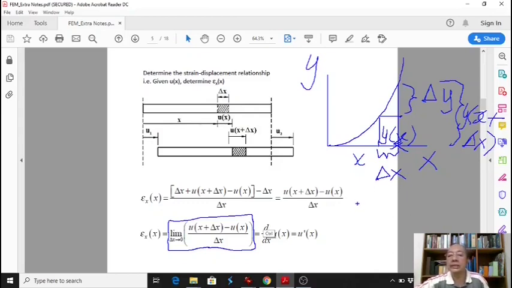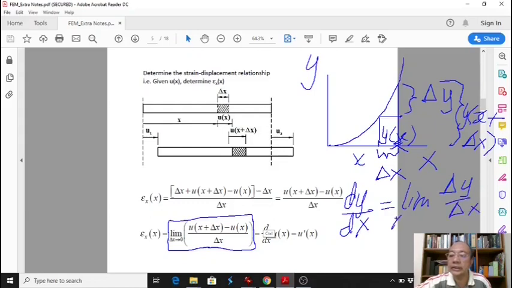From calculus, dy per dx is the limit of delta y per delta x as delta x approaches 0, and delta y is y of x plus delta x minus y of x, this distance minus this distance.